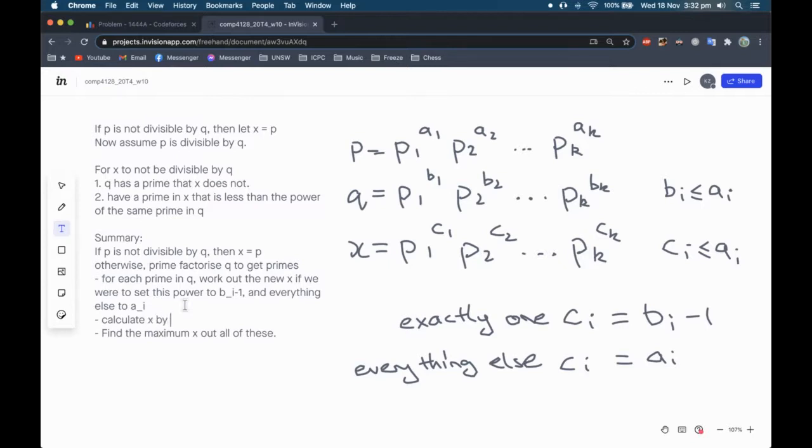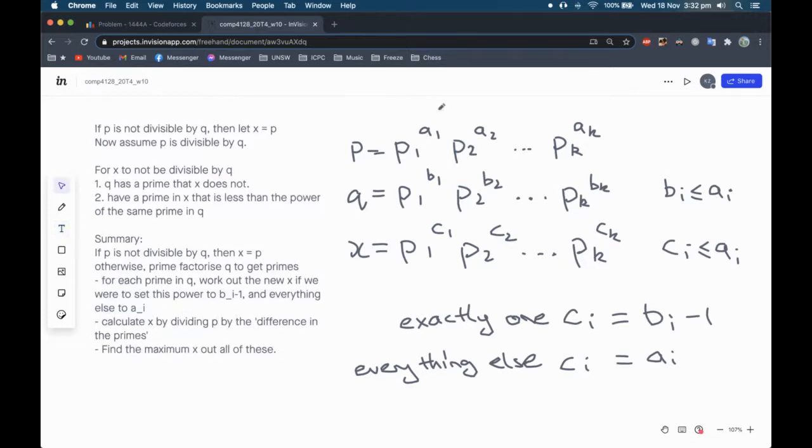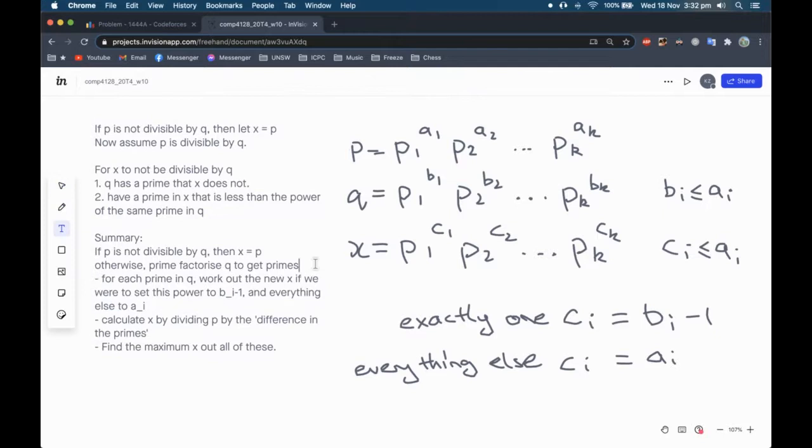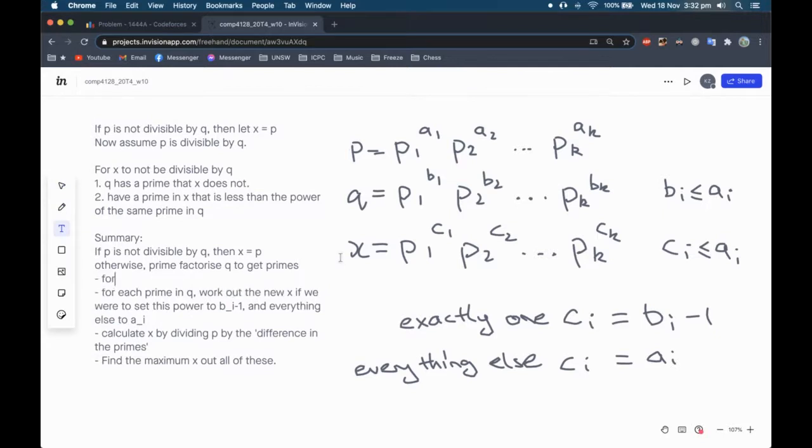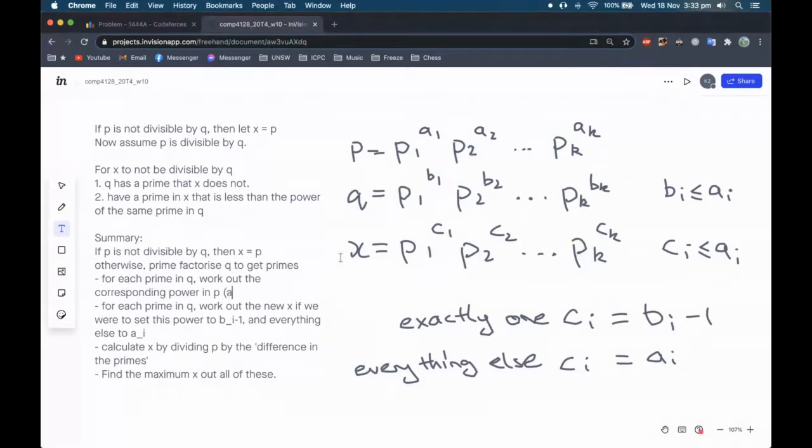We calculate x by dividing p by the difference in the primes. Basically, it's the difference between the original ai and this bi, which is right at the beginning. Each prime in q, and the corresponding power in p.